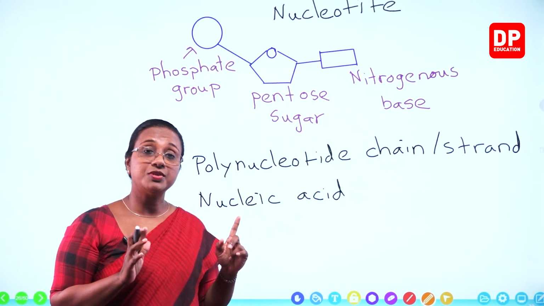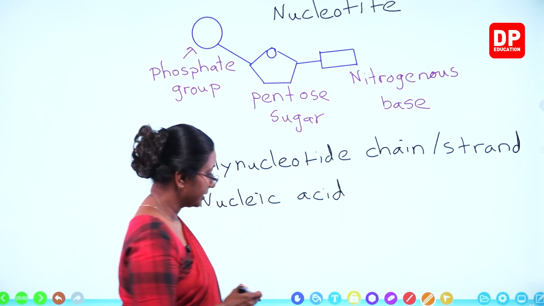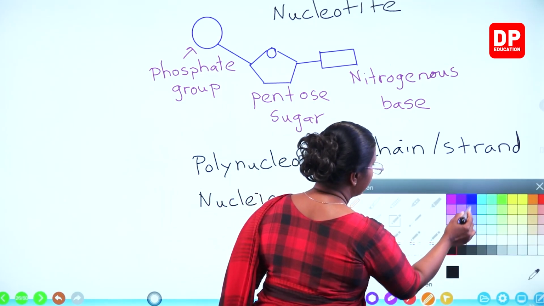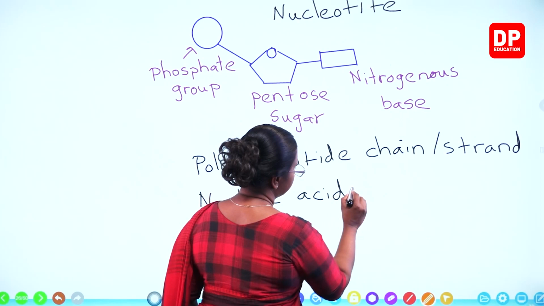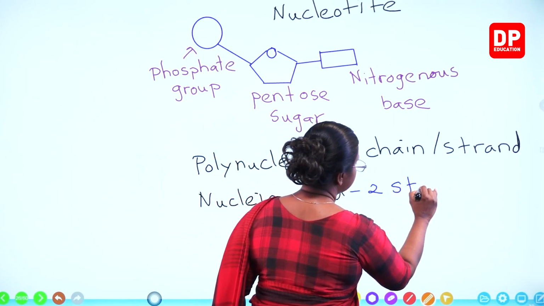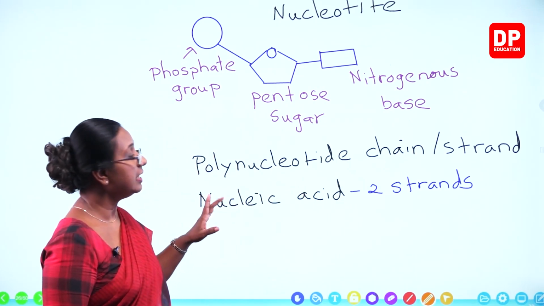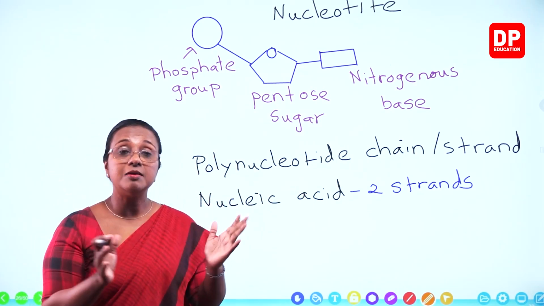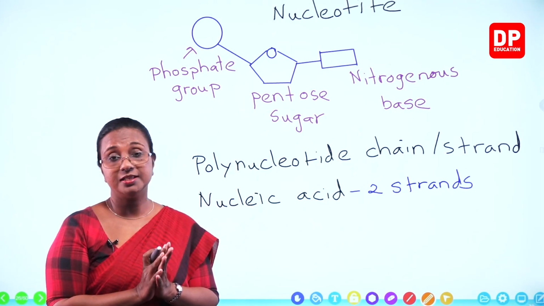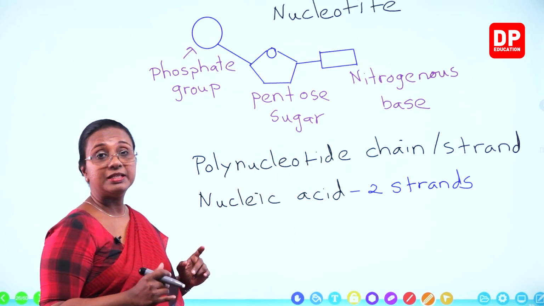Now, if you take the DNA, that is deoxyribonucleic acid, it is made up of 2 strands. That is something you have to remember, students. 2 strands, that is polynucleotide chains, and these chains are complementary to each other. I will show you the diagram in the next slide.